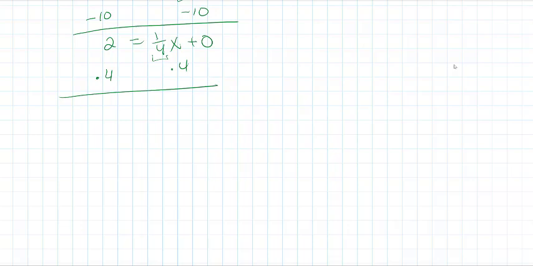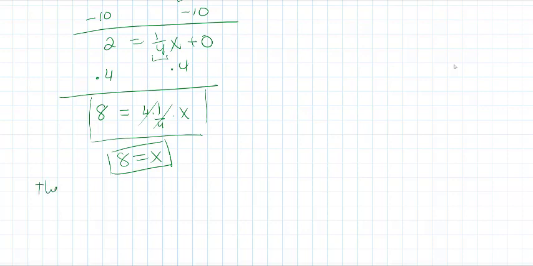We do that, we get 2 times 4 is 8. 8 equals 4 times a quarter x, and the quarter and the 4 cancel, and our result is that x equals 8. So there's 8 grams of protein in 1 cup of milk.